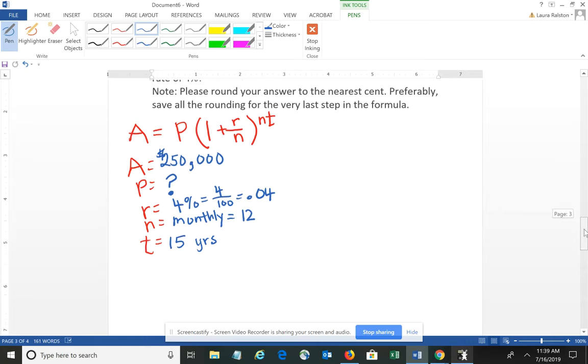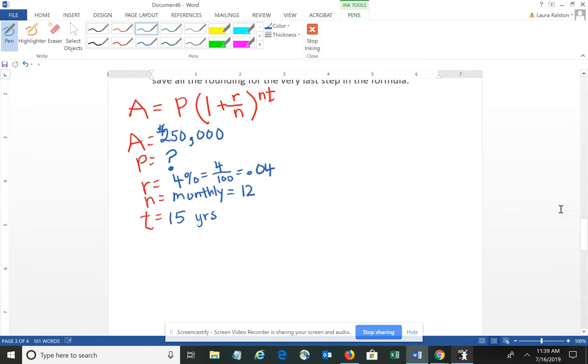And then we're going to substitute those numbers into the formula. Now this one again is a little bit different because we end up with $250,000. I don't know the principal, so we have 1 plus 0.04 divided by 12 raised to the 12 times 15 power.